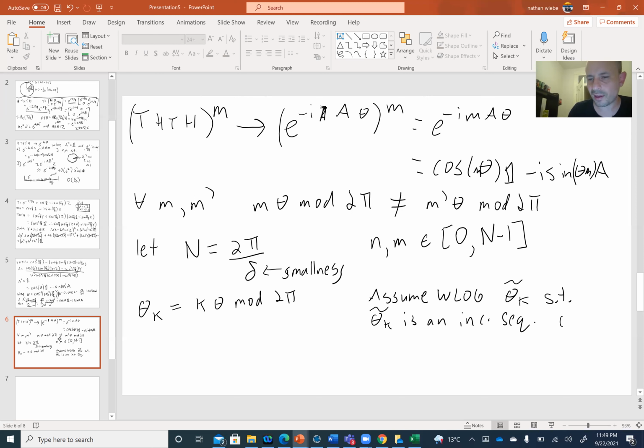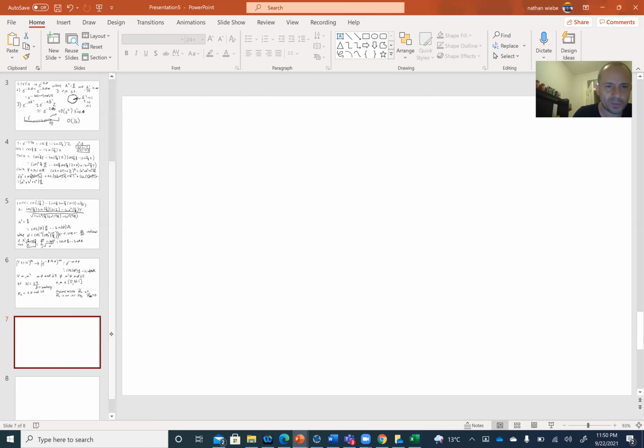Furthermore, let's take, without loss of generality, theta tilde of 0 to be equal to 0, just for convenience. Okay, cool. So now that we have this increasing sequence of sorted rotations, let me make another claim.